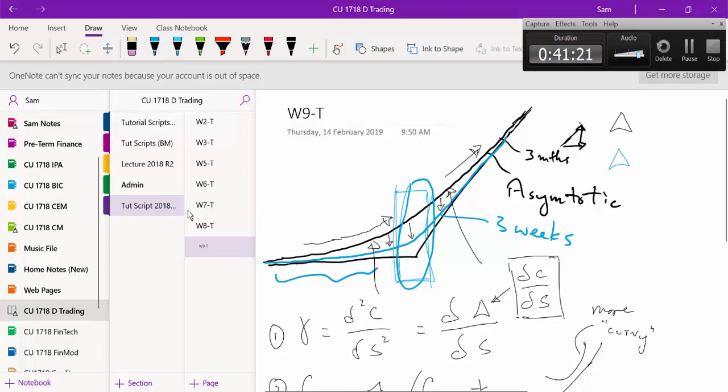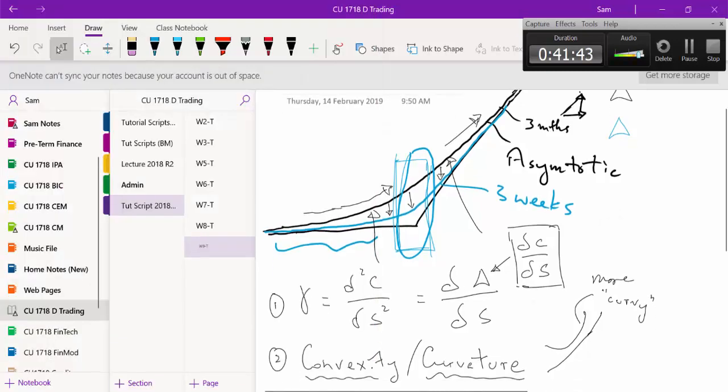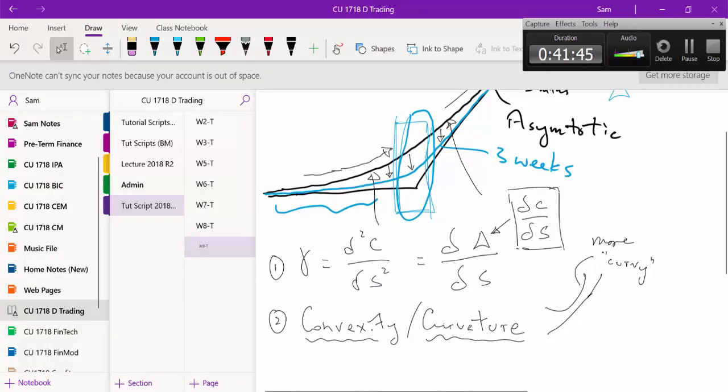Now, if you look at this pattern, what it is telling you is that gamma is highest when it's near the money or at the money. So there's a peak here, and then here it doesn't do much, and here it doesn't do much. Okay, now I already told you that there are two ways to interpret gamma.